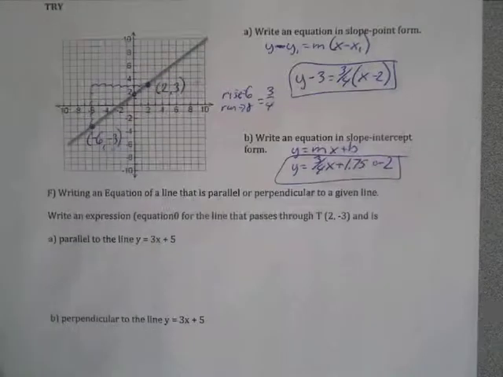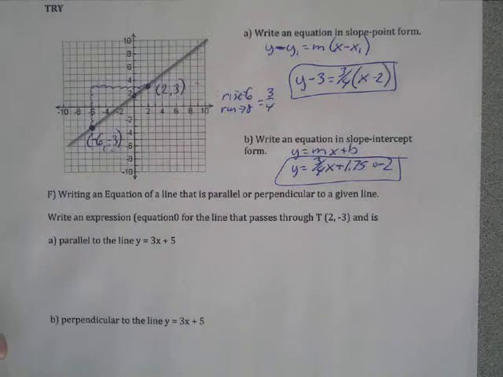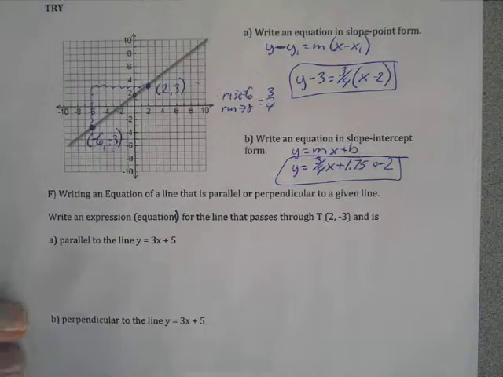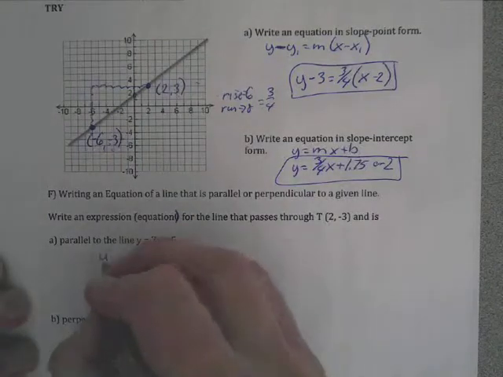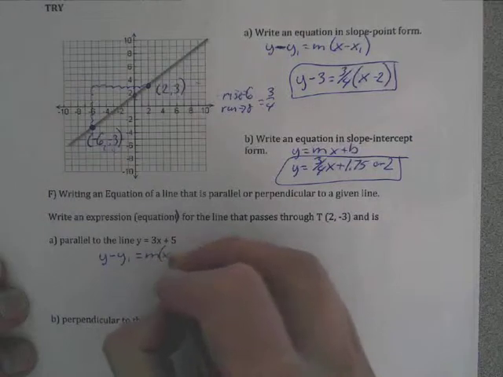Part F, we're writing an equation of a line that is parallel or perpendicular to a given line. Write an equation for a line that passes through 2, negative 3, and it's parallel to the line y equals 3x. So the equation I know to write is y minus y1 is equal to m times x minus x1.